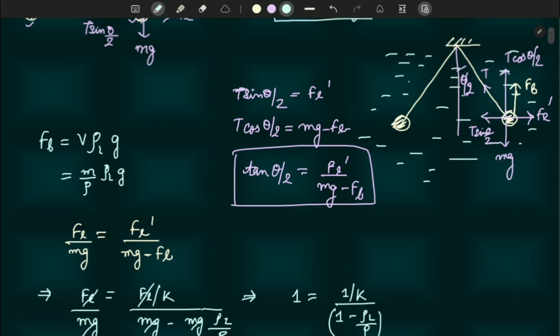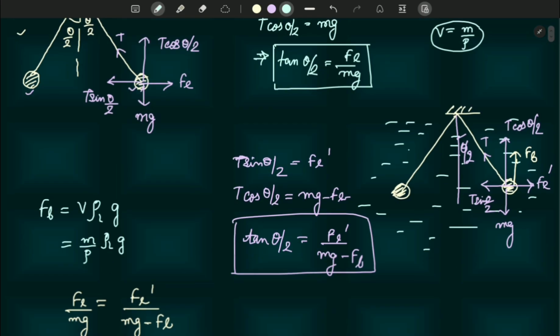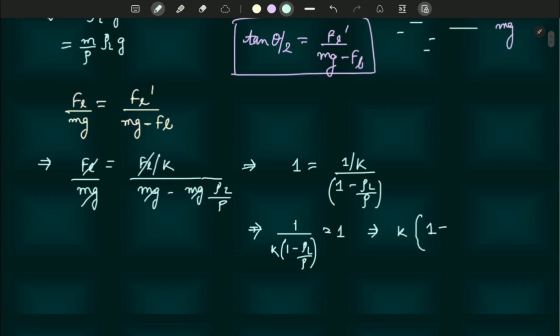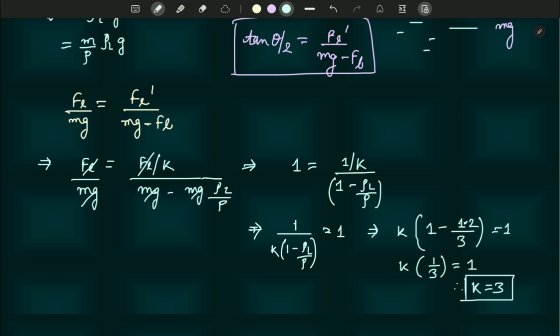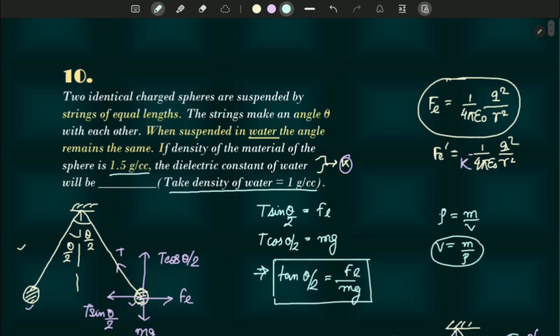Rho L is given in the question. Take density of water 1 gram per cc, we also know the value. So 1 divided by rho is 1 by 1.5, so I am writing 3 by 2. This is equal to 1. So K into 1 by 3 equals 1. So from here K equals 3. See, the calculation was easy, but you need to know how I have done this. Interpret the question properly, and you will find that the dielectric constant of water is 3.